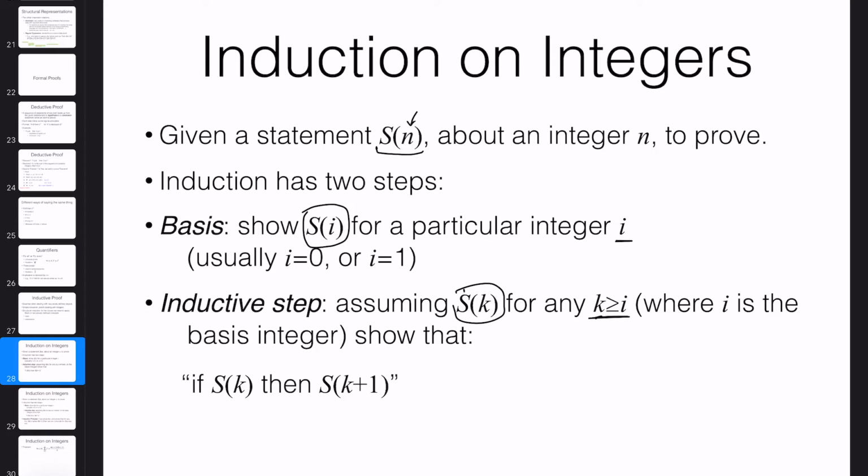This is the assumption. Then from this assumption, you should prove that S of k plus 1 is also true. So in any inductive proof, you have two steps to prove: you have to show the basis, and you have to show the inductive step, which is proving that, assuming S of k is true, S of k plus 1 is also true.